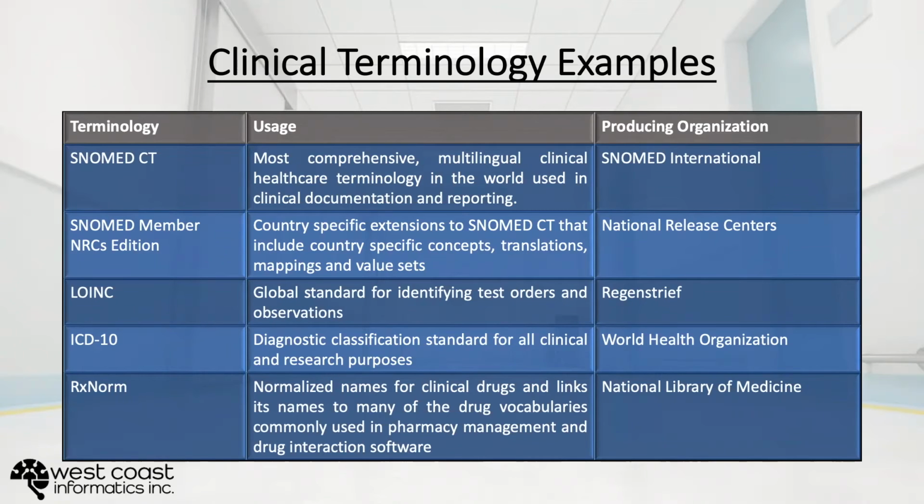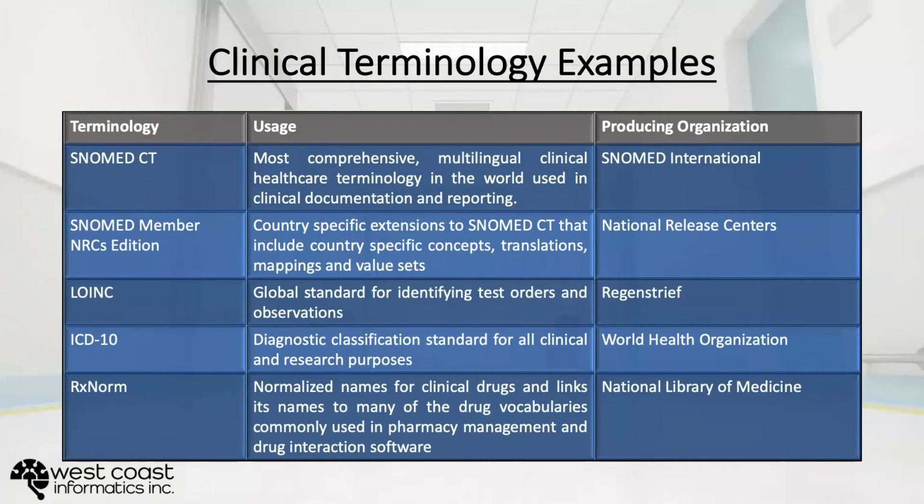And then there's another standard called LOINC, which is used for laboratory test orders and observations, and it's maintained by Regenstrief. ICD-10 is a diagnostic classification standard that's used for clinical and research purposes, and it's maintained by the World Health Organization. And an example of a drug terminology that's out there would be RxNorm.